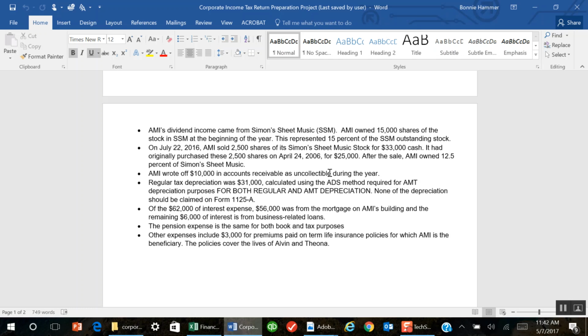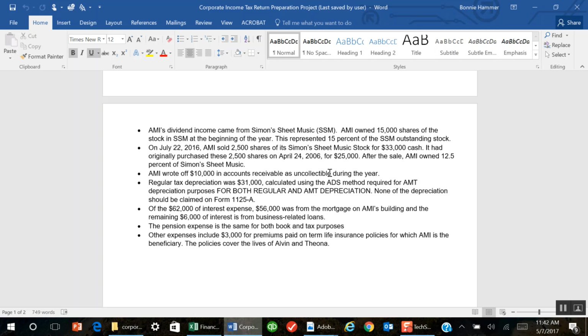And you know from what you've read before and what we've talked about that typically with a stock purchase, there is no book tax difference in the cost basis of stock that's purchased because it's purchased for cash. Cash is cash, right? So the tax basis of this stock that was sold is also $25,000. So the tax gain is also $8,000. So you now know you have no book tax difference.